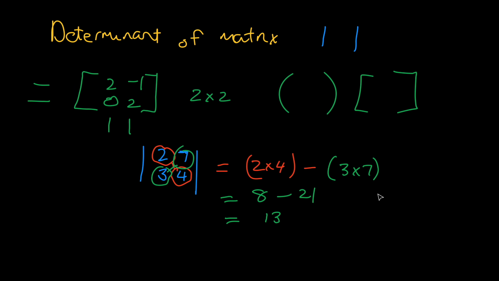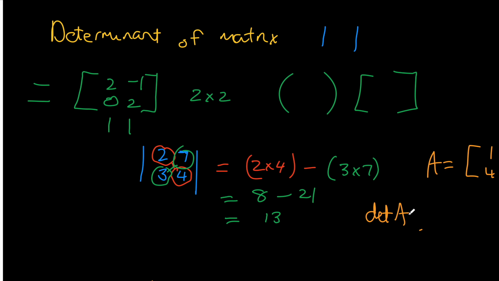Let's use a matrix, and we call this matrix A, which is also a 2 by 2 matrix. So to calculate the determinant, we say do the determinant of A. So that's another way of showing determinant. So one way is straight lines, the other way is to use the word DET with the name of the matrix.